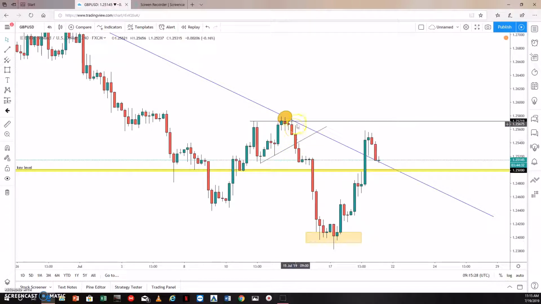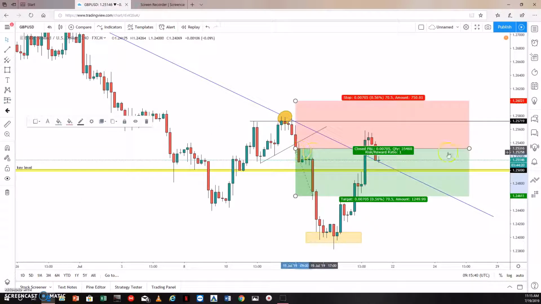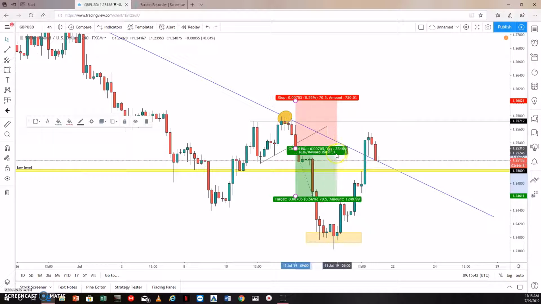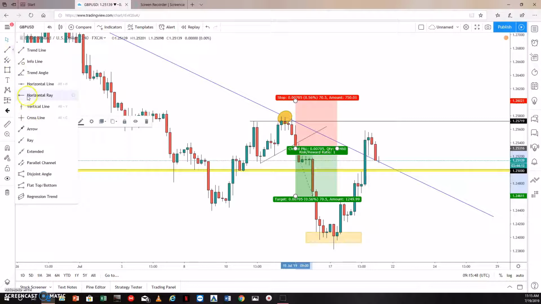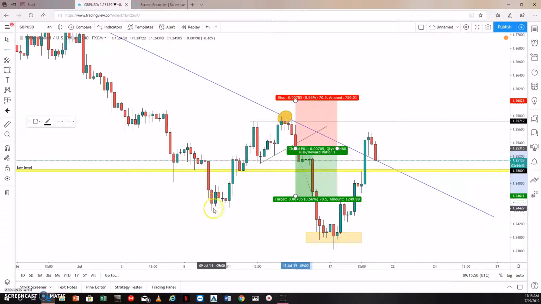So I was waiting for a break of that counter trend line, and surely price did break the trend line, and my entry was right on the close of that candle. My entry was at that region, and my target was based off of this previous support area here.